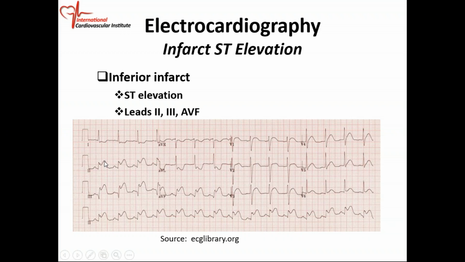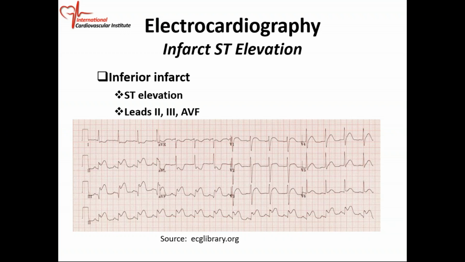You can see that the ST segment is elevated above your PR segment. As a matter of fact, the elevation is probably about 6 millimeters. So when you look in the inferior leads, the ST segment is elevated, and we call this an inferior wall STEMI, inferior wall ST segment elevation myocardial infarction.